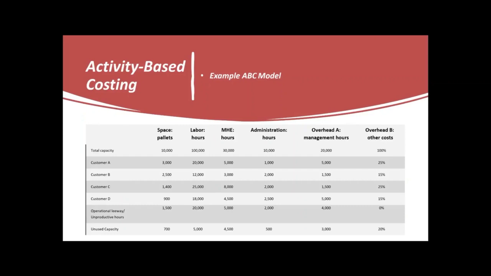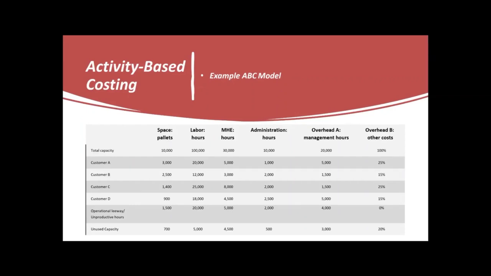In this table, we show an example of the ABC model. We have calculated the number of pallet spaces occupied and the number of labor and mechanical handling hours allocated to each customer. We have also allocated the management time in hours per customer and allocated overhead costs such as postage, legal expenses, etc., on a percentage basis based on administrative hours.